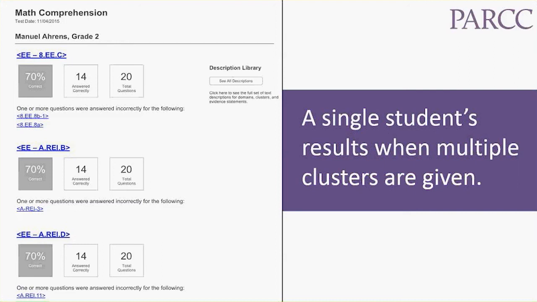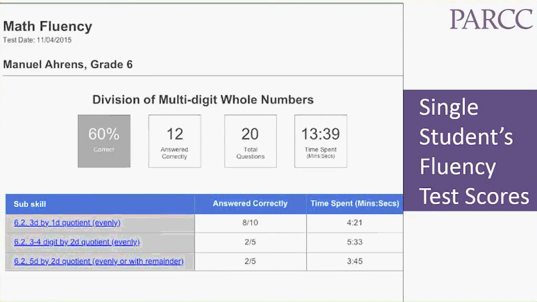With the Math Fluency report, which is on the next slide, information, again, includes percent correct, number answered correctly, total number of questions, and total time spent, and also provides the ratio of correctly answered items by subskill, along with the time it took to answer each one of these questions.